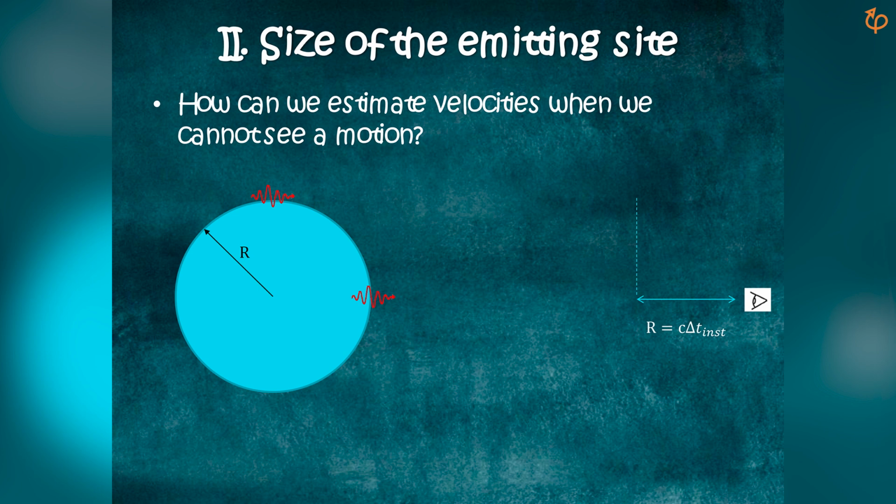So the entire surface of this sphere is lit at the same time, and photons are emitted toward the observer, leaving the edge of the sphere closest to the observer and the part of the sphere which is exactly 90 degrees from it. If they leave at the same time, they will reach the observer with some time difference, and c times this time difference is exactly the radius of the object.